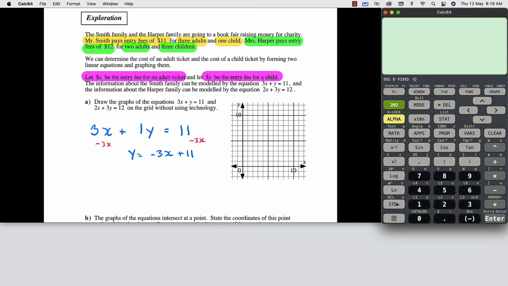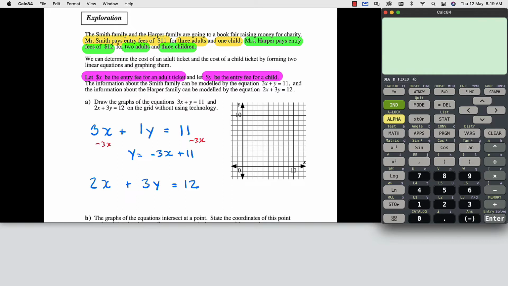Now let's take a look at Mrs. Harper. So again, x represents the same thing, and we're going to be adding y, and it's going to equal whatever Mrs. Harper paid. So we know she paid 12, and she had 2 adults and 3 children. So we can just lay out the equation like that.